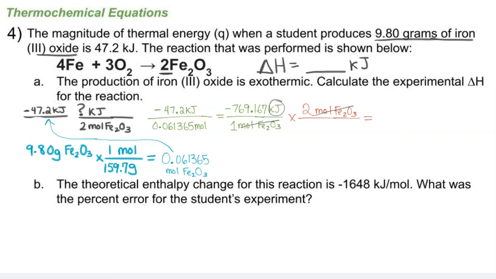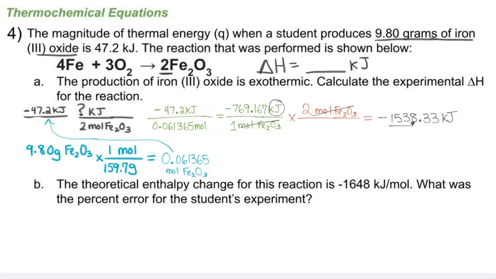So negative 769.167 times 2 gives me negative 1538.33 kilojoules. We should probably round to 3 significant figures here because that's what's given.